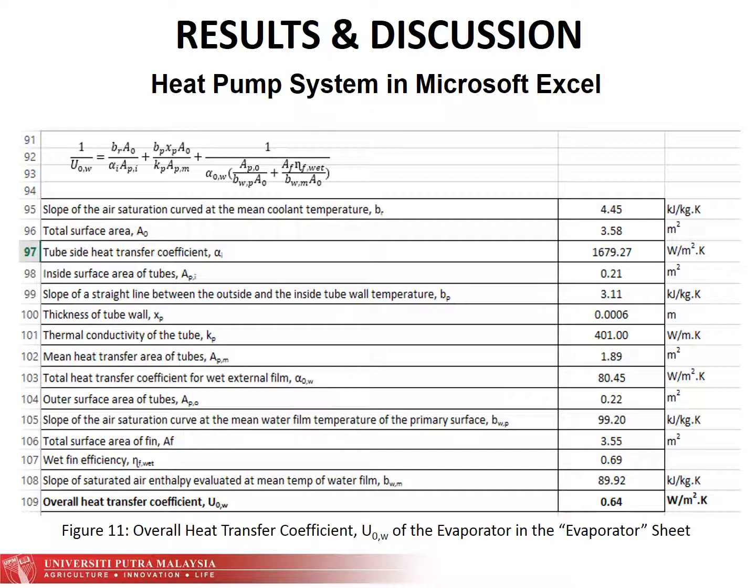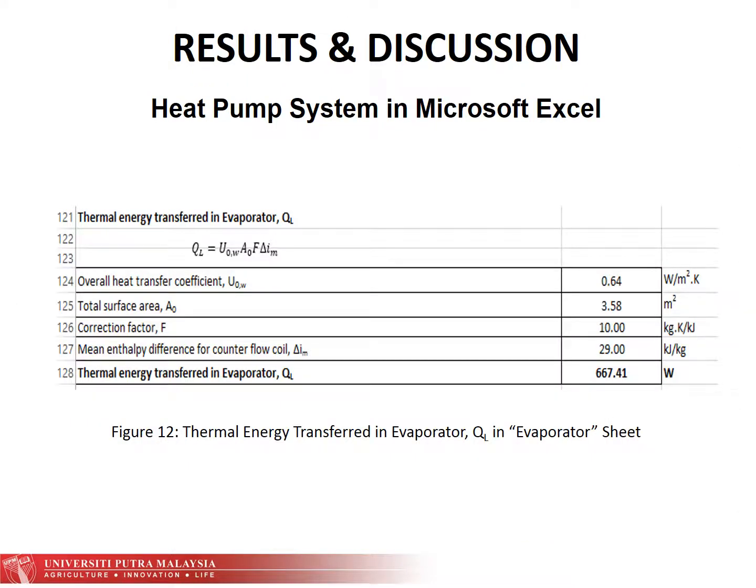And the overall heat transfer coefficient obtained from the system will link to the thermal energy part in the system. From figure 12, we can see that the overall heat transfer coefficient is linked to the thermal energy transfer in the evaporator, so that the thermal energy transfer in the evaporator can be calculated as shown above.